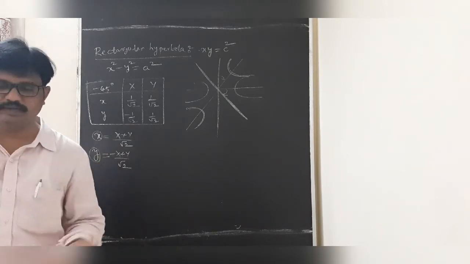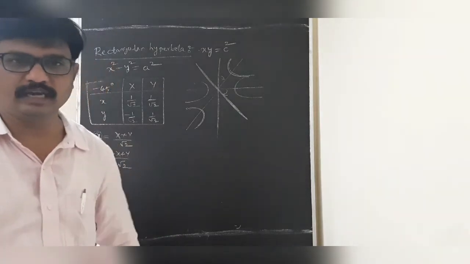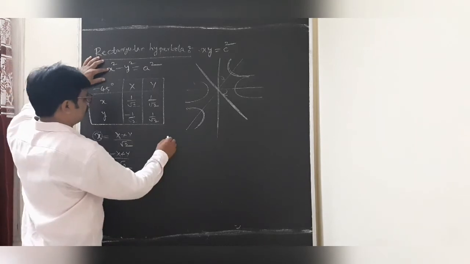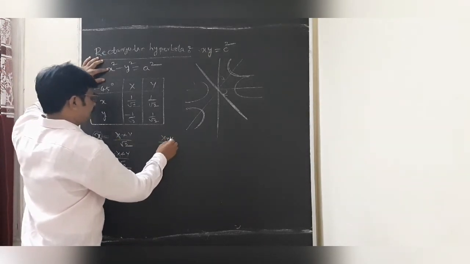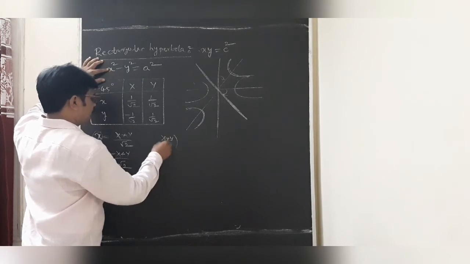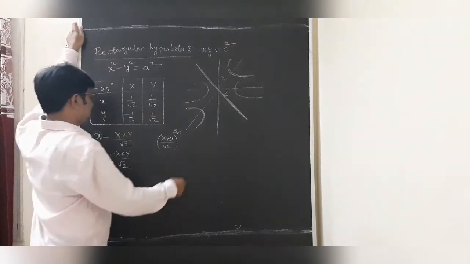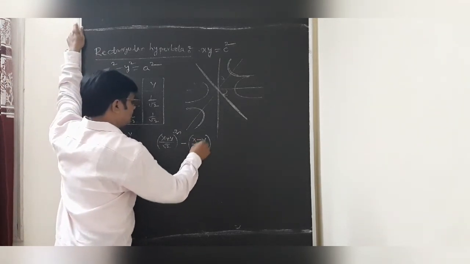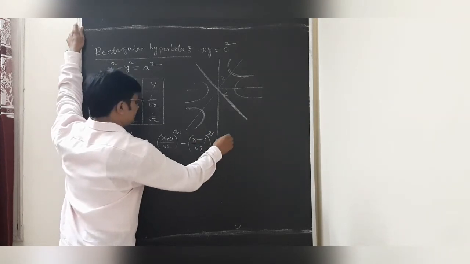Now when the axes are rotated through an angle of 45 degrees in the clockwise sense, in the transformed equation, instead of small x we write x plus y by root 2 whole square, minus x minus y by root 2 whole square, equal to a square.